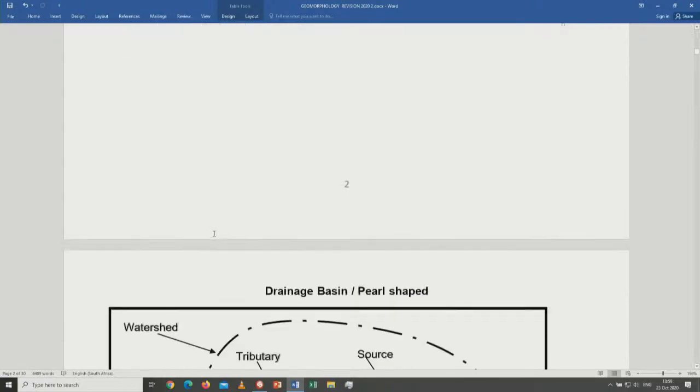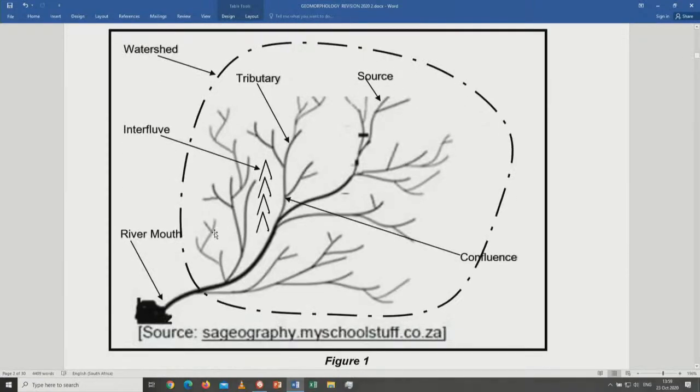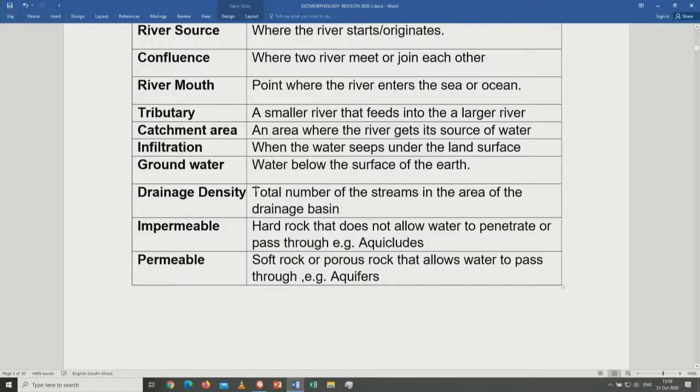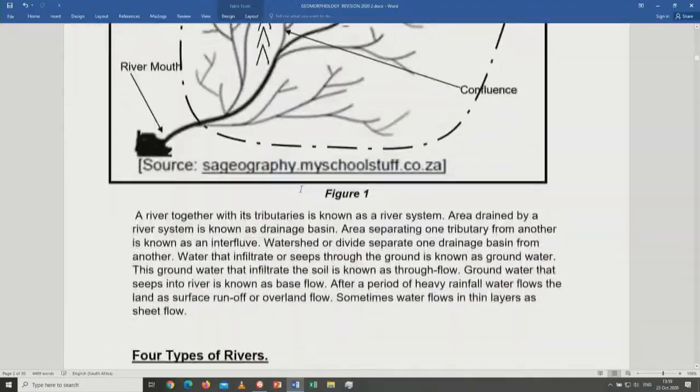Because now if you look at this particular sketch here, we're having so many streams here. So now we ask ourselves, why do we have this total number of streams in this particular area? We're having many streams in a certain area, but in other areas we don't have this number of streams.